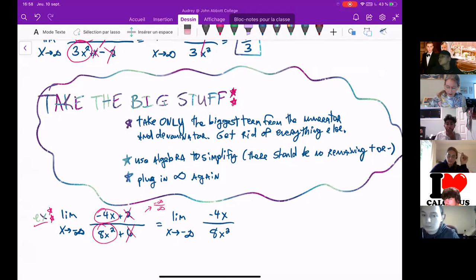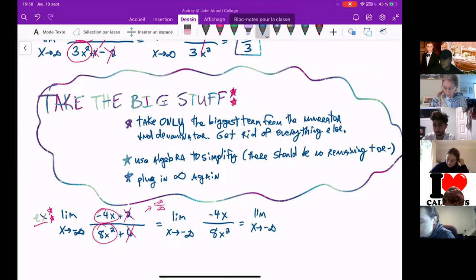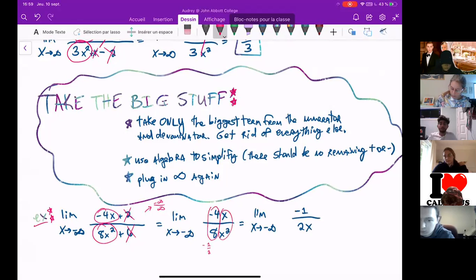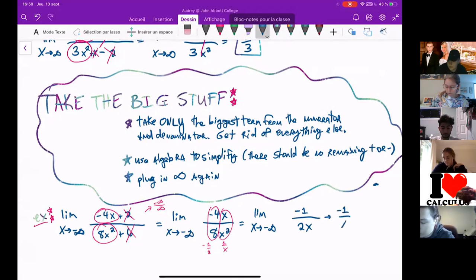If I simplify this, I'm going to get the limit as x approaches negative infinity of -1 over 2x. Just to see this, -4 over 8 is -1/2. And x over x squared is 1 over x. So now when I plug in, I get -1 over infinity, which we've seen to be 0. The bottom infinity was stronger. We got a 0.